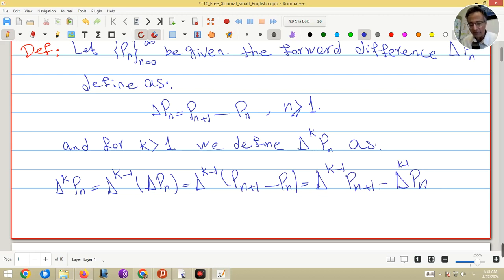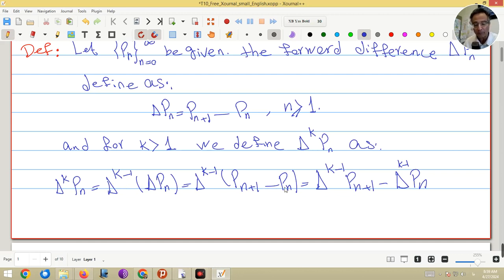In fact, this is a recursive definition for the forward difference, and we know that delta is a linear operator, so it can pass through the parentheses and act over each of these two terms.